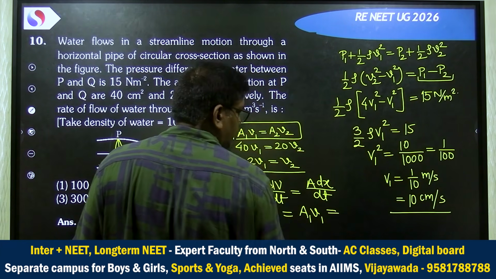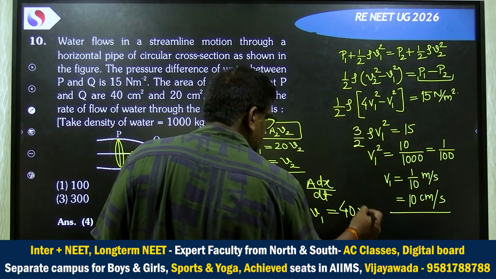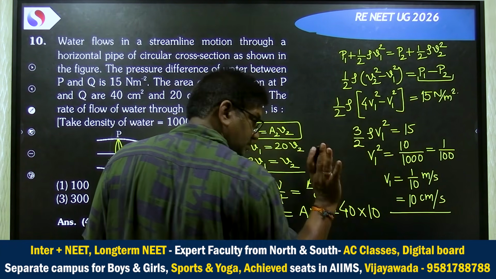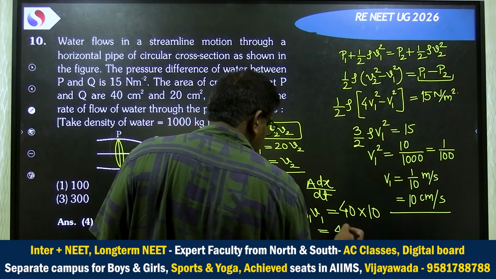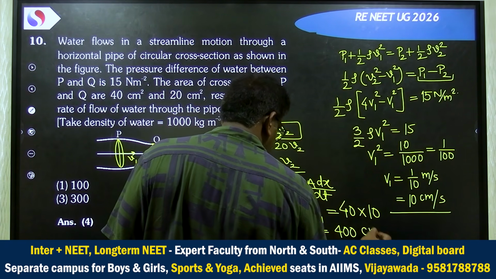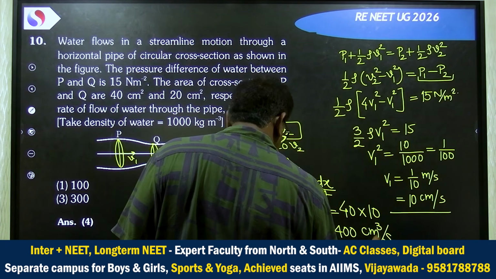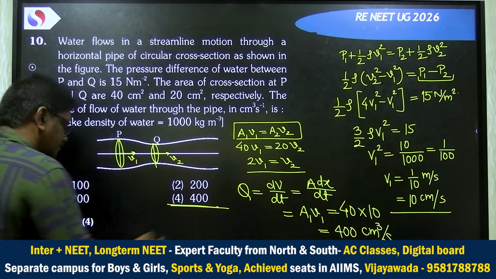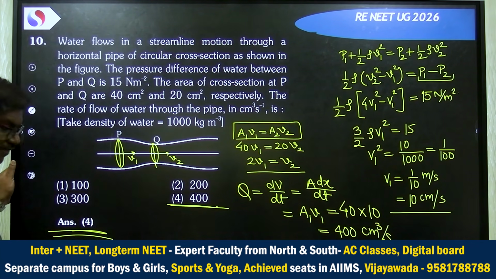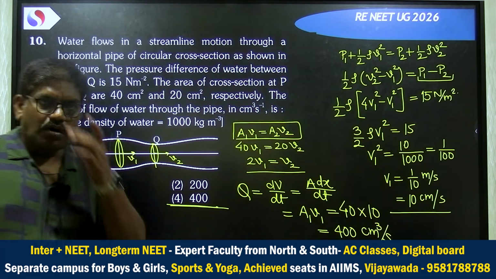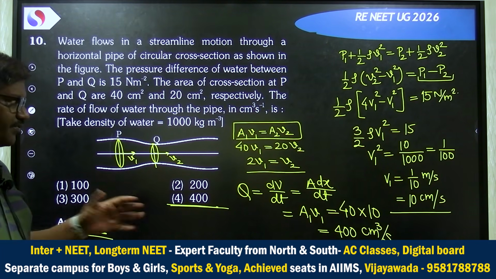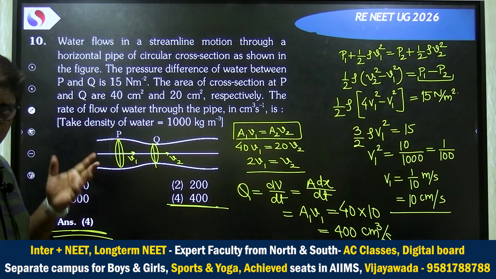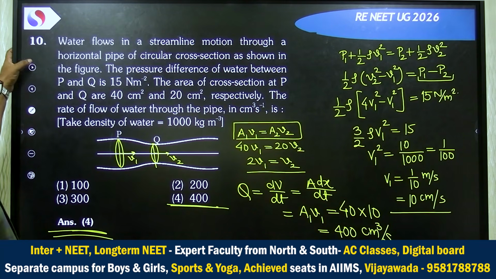So what is A1? A1 is 40. What is V1? That is 10, and all are in CGS unit. That's why the answer will also come in CGS as 400 centimeter cube per second. That will be the flow rate, which is option number 4. Very basic question of Bernoulli's equation. Almost in every class, every phase test, this type of question you face many times, okay? Weekly test also.